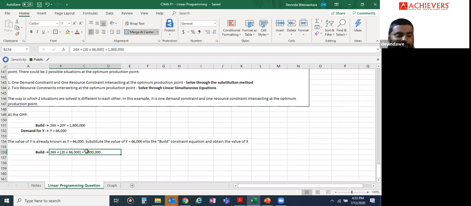Did you get it? Then after that type 1,800,000. Now you have entered the entire equation into the calculator.